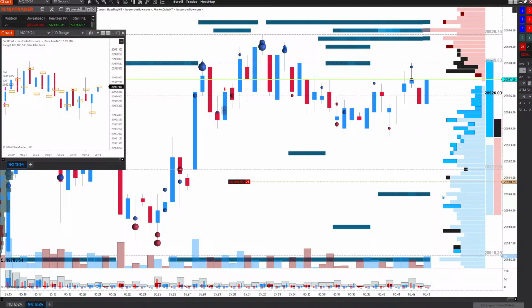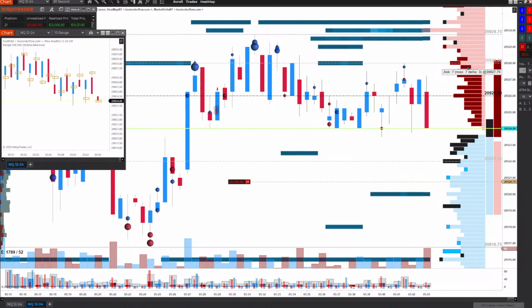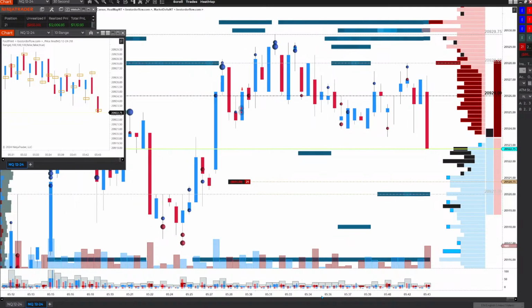They need to show up, but they're not too active. You see that there's not too much stacking from the top. Okay, here we go. Now we started stacking from the top. We just started this process.